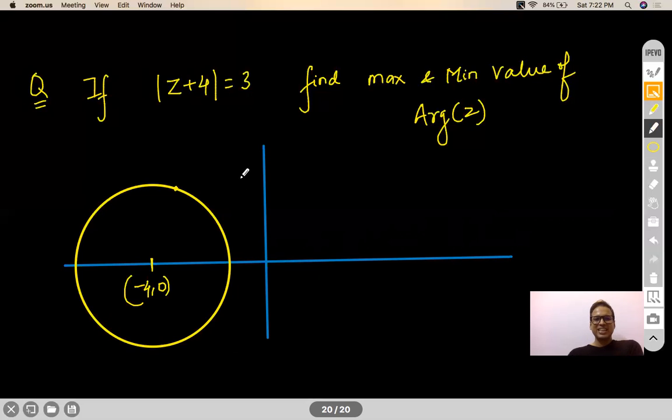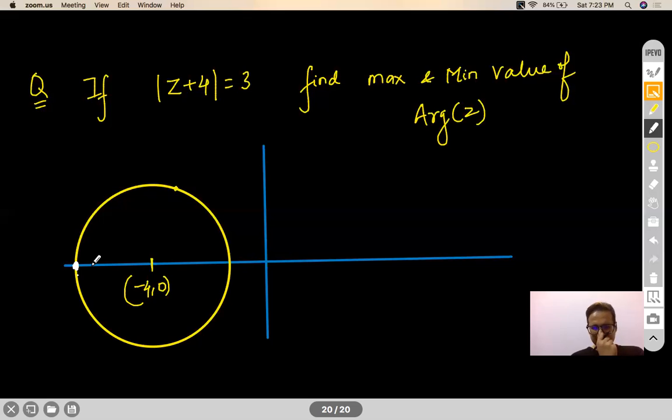Now tell me, which point do you think will make maximum angle with the positive real axis, and which point will make minimum angle with the positive real axis? So again, the answer will be the same. This point will make the maximum angle, which is pi, and the same point will make the minimum angle also. So the minimum angle is something tending to minus pi, and the maximum angle is the one tending to pi.